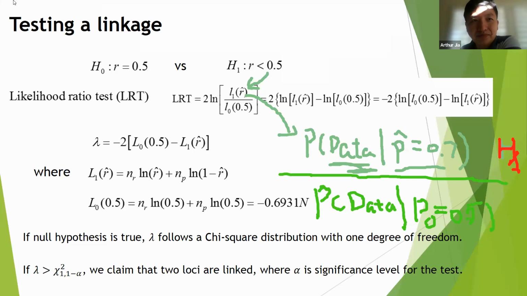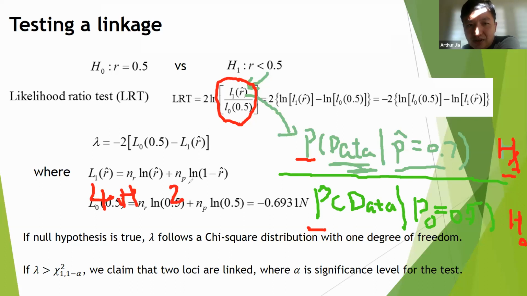All right. So this is exactly the ratio showing here. If you see the likelihood ratio like this, then this is equivalent to this. So what does that mean? That means we actually compare the likelihood based on the alternative distribution versus the likelihood based on the null distribution. All right. So suppose you got 4 heads and 2 tails.